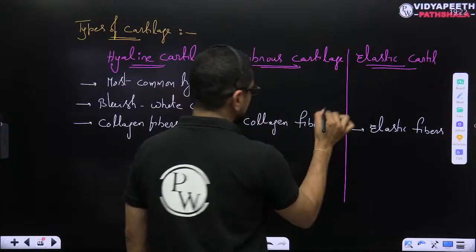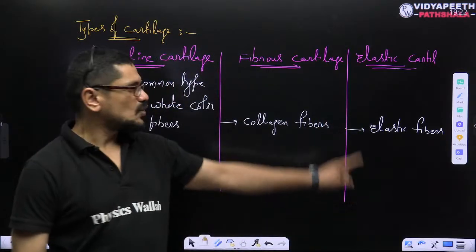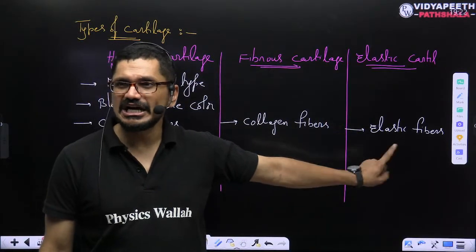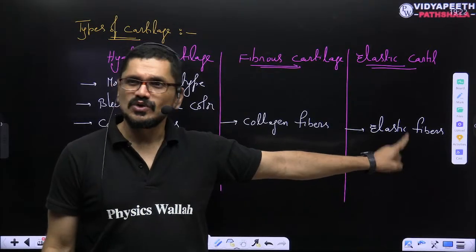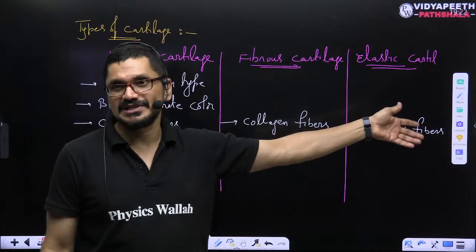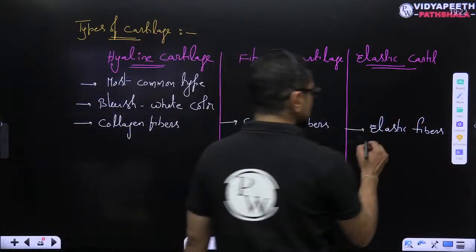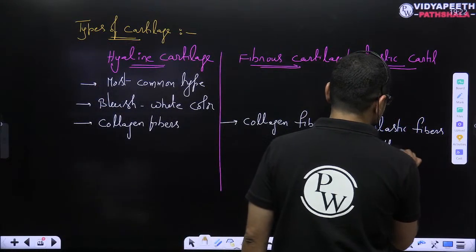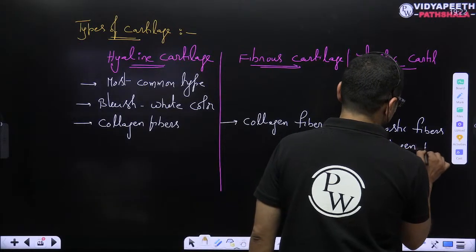This is the problem. Don't think that collagen fibers are absent in elastic cartilage. Collagen fibers are present here also, but more elastic fibers are present and collagen fibers are less.